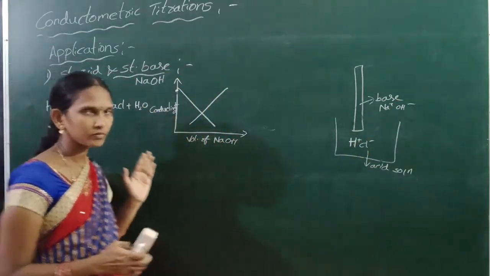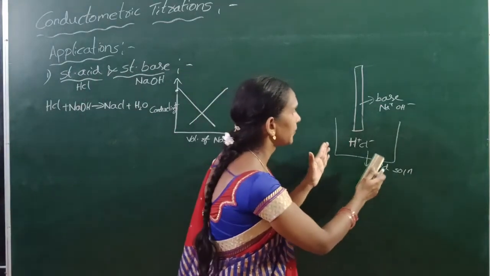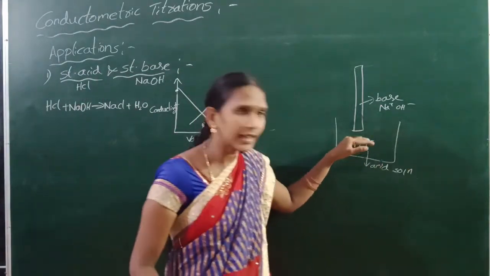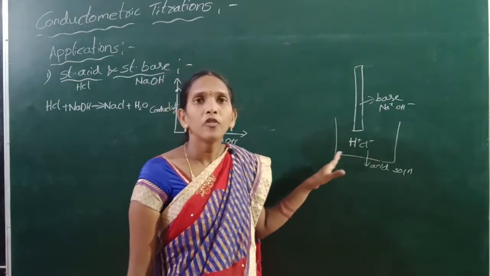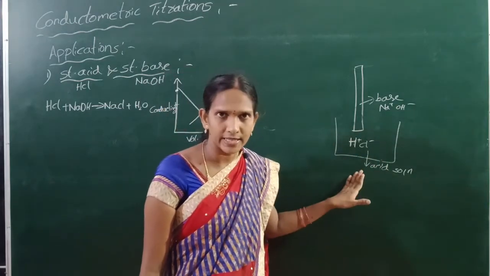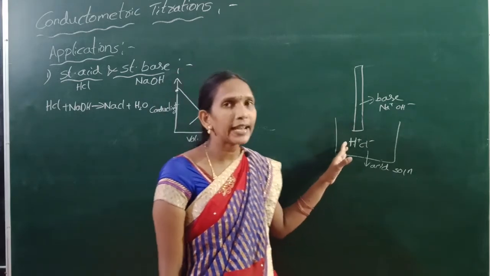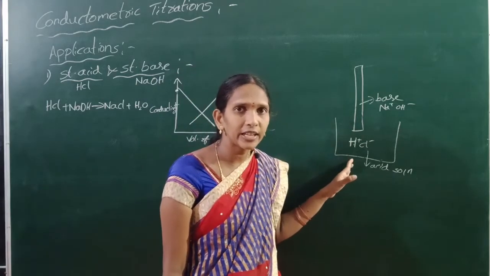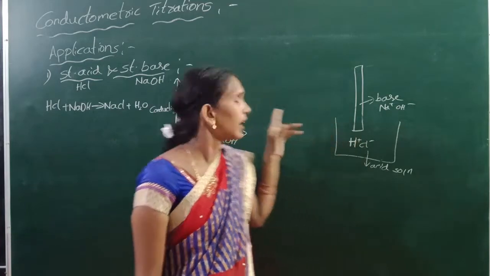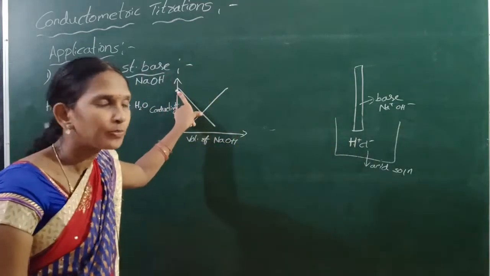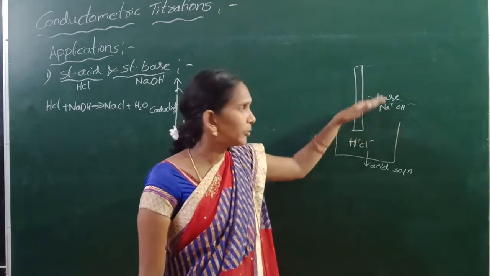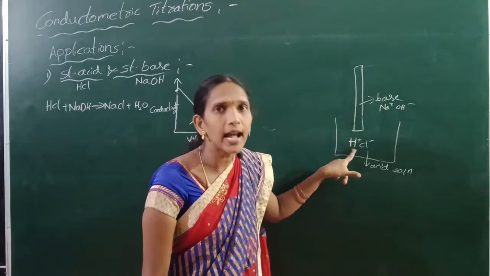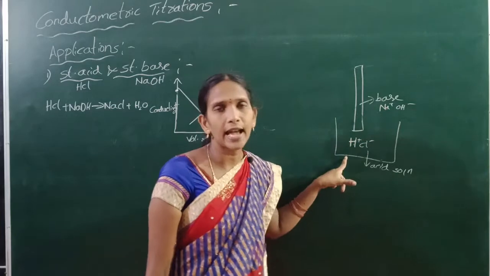First, in conductivity cell we can take HCl solution. This is strong acid, so fast moving H plus ions are present. That means the conductivity of HCl is high. Next, on addition of base from burette, these H plus ions are replaced by Na plus ions.